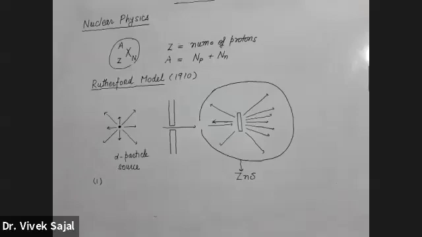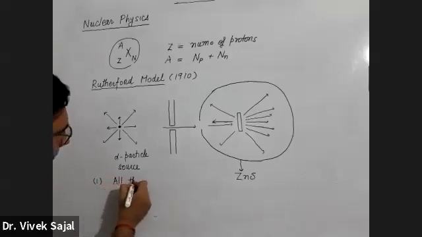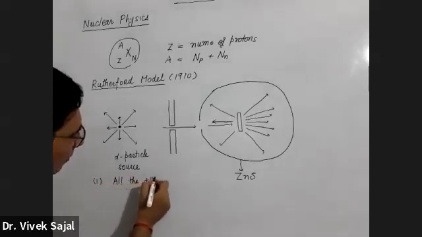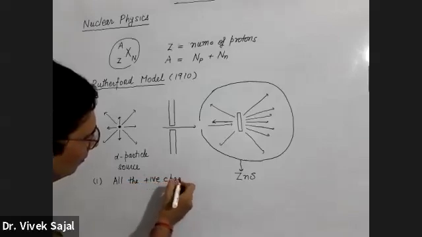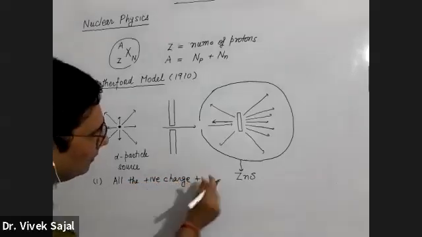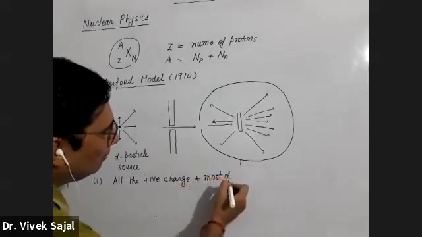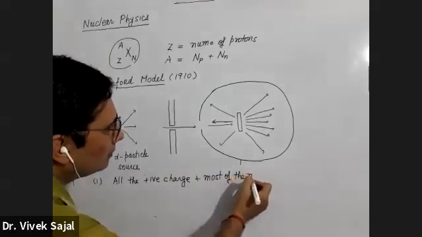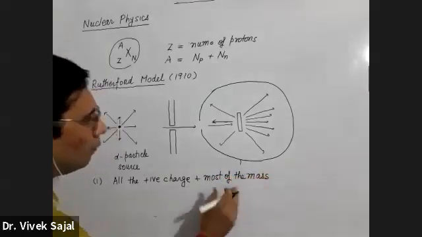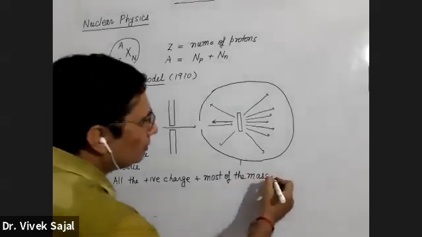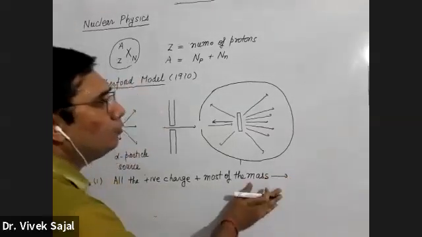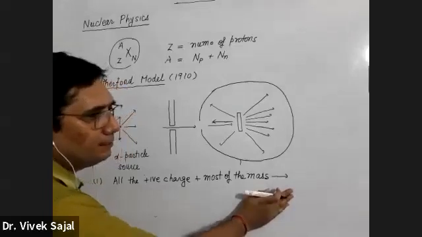He gave the first assumption that all the positive charge and most of the mass of the atom is concentrated in a very small volume at the center of the atom.